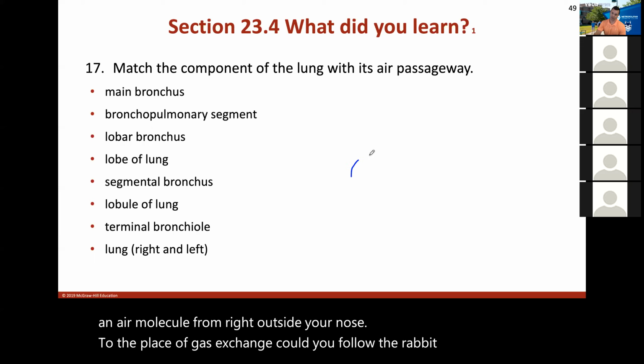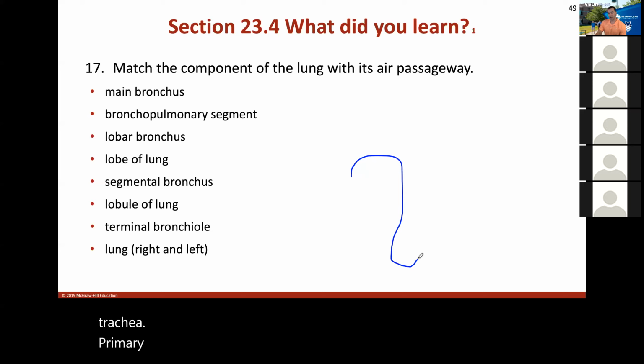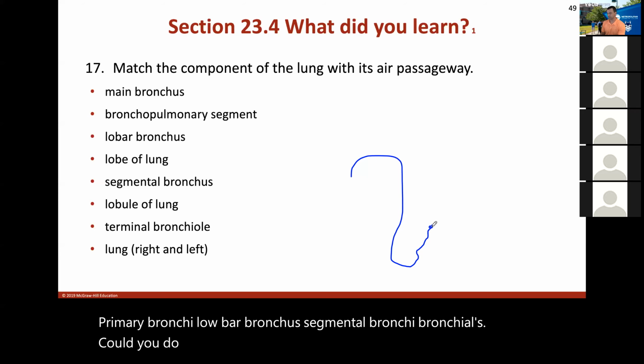Nasal vestibule, nasal cavity, nasopharynx, oropharynx, laryngopharynx, larynx, trachea, primary bronchi, lobar bronchi, segmental bronchi, bronchioles, alveolus. Could you do that? Hell yeah, you can.